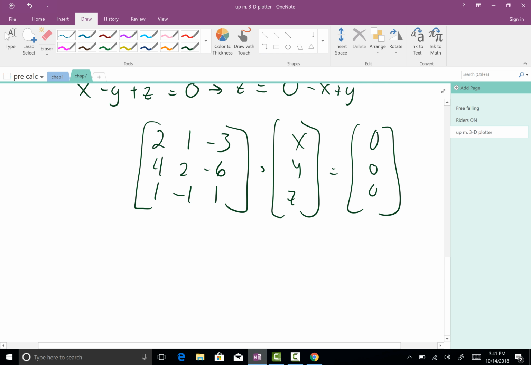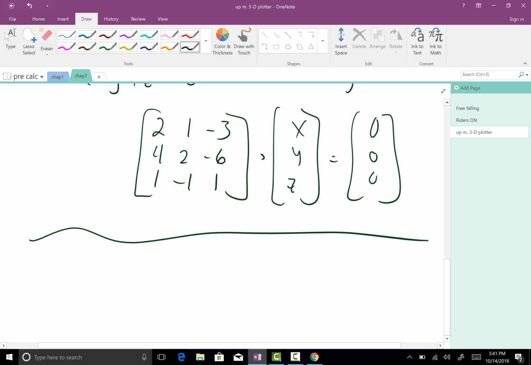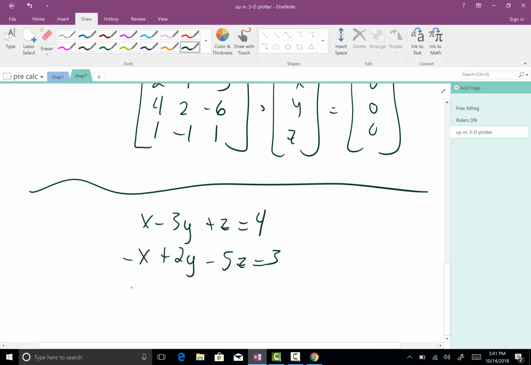All right, let's go down and do one more example here. X minus 3y plus z equals 4, negative x plus 2y minus 5z equals 3, and 5x minus 13y plus 13z equals 8.